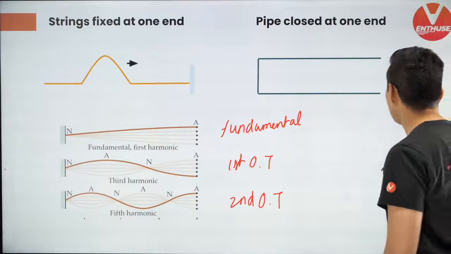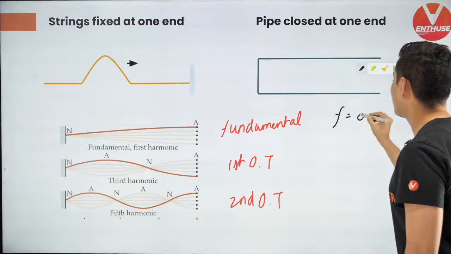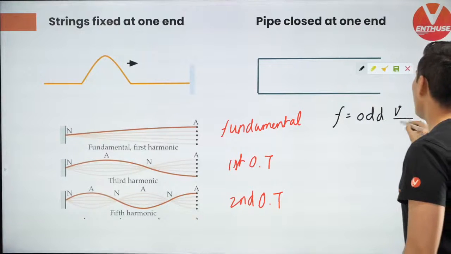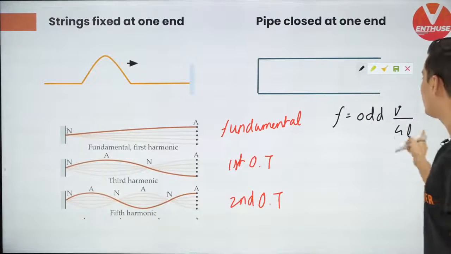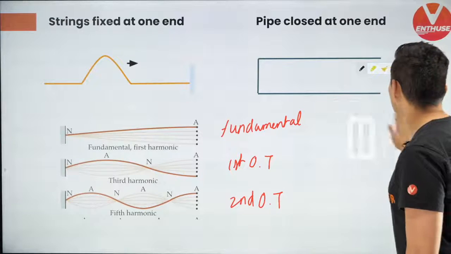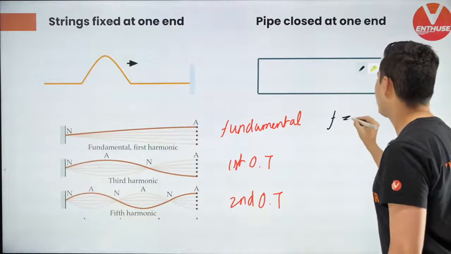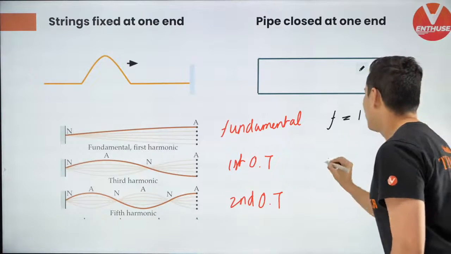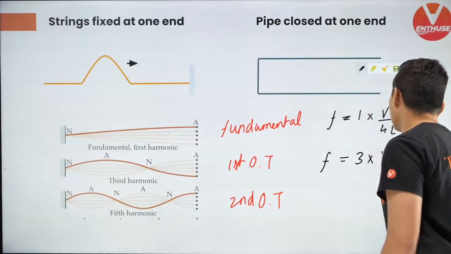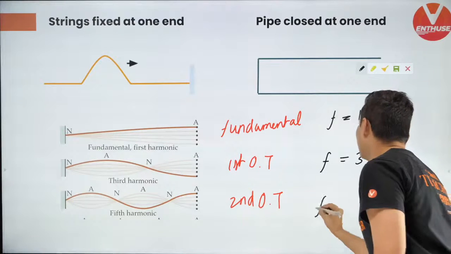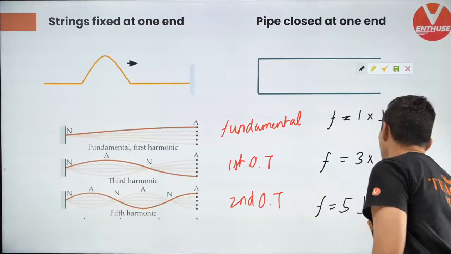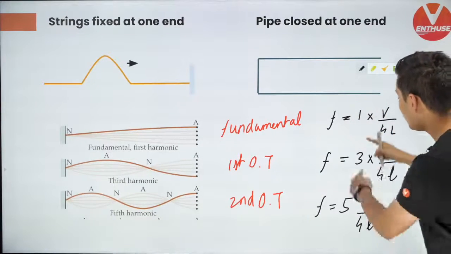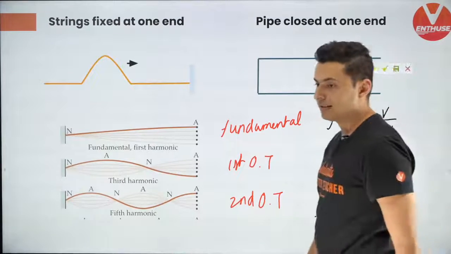Remember, guys, frequency was odd times V by 4L. That means the first frequency will be the first odd number times V by 4L. The next frequency will be 3 times V by 4L. The next will be 5 times V by 4L. Do you see only odd harmonics are present?